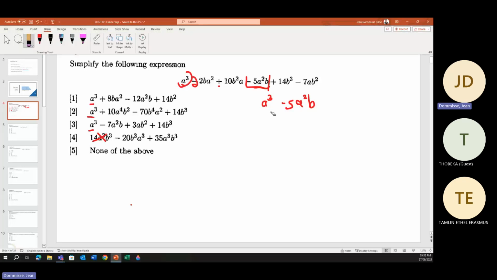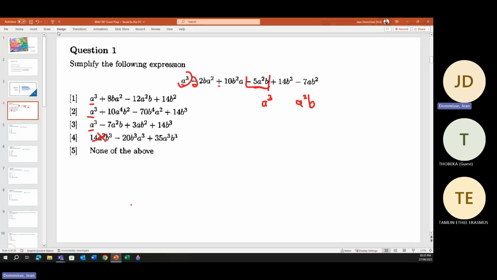So minus 2 minus 5 is then minus 7. So at least we've got that a squared b covered. That's b squared, so we need to do it separately, and that's b squared. So by just looking at those first two, now I can say, a squared b needs to be minus 7, so that's not the option.